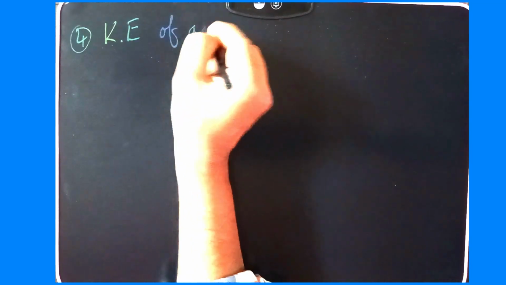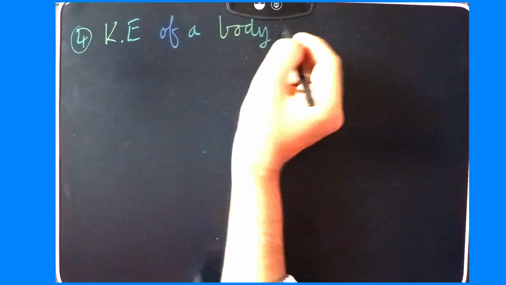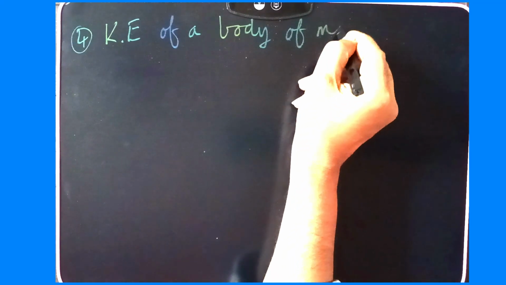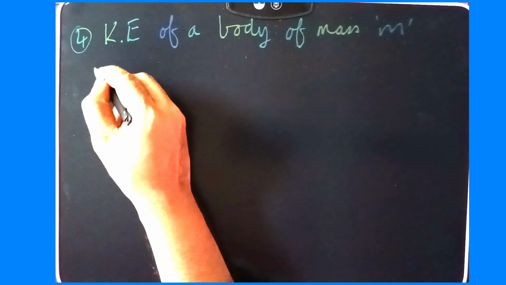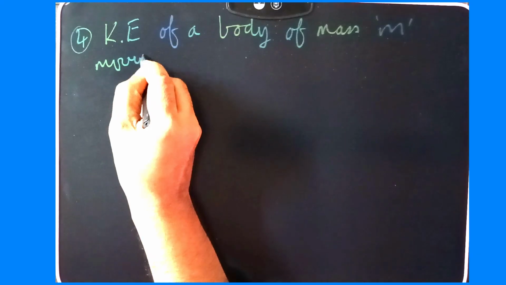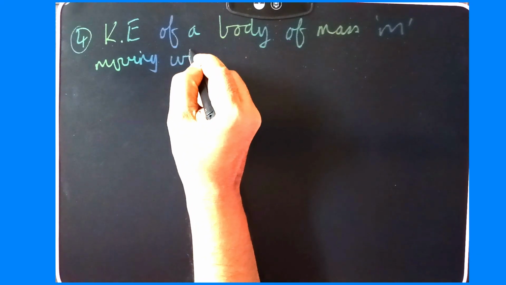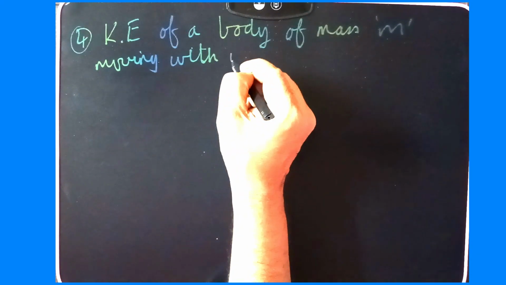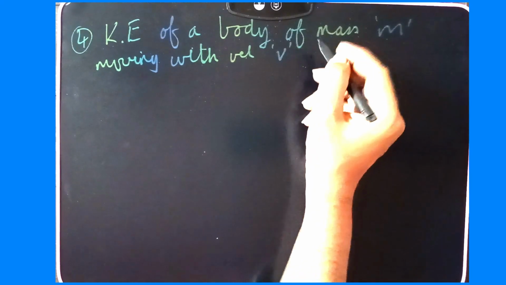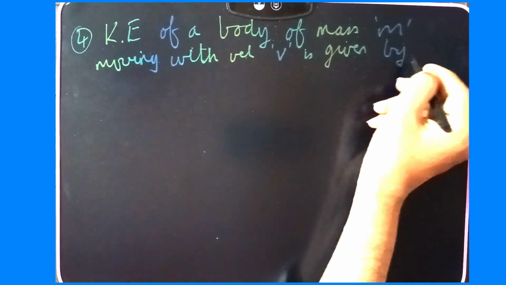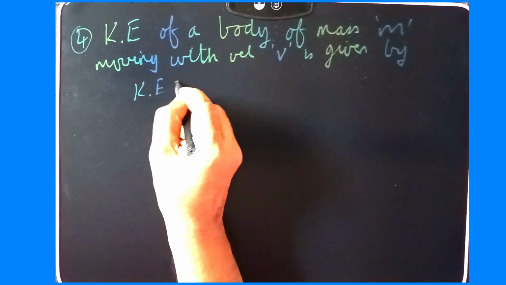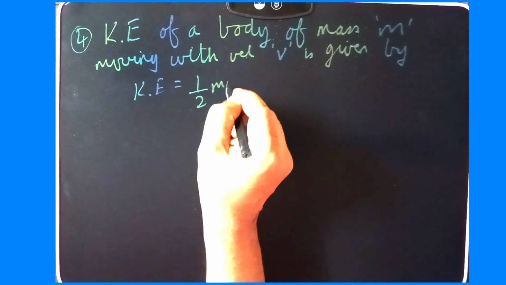Problem number 4. Kinetic energy of a body of mass m moving with velocity v is given by kinetic energy is equal to half m v square.